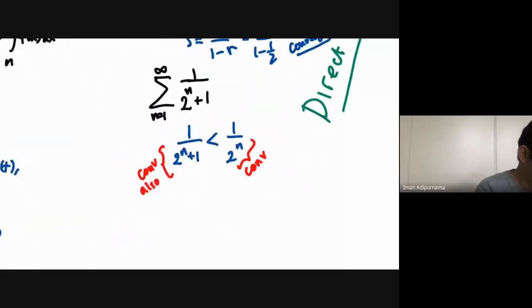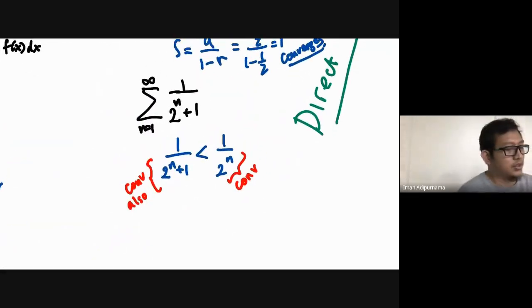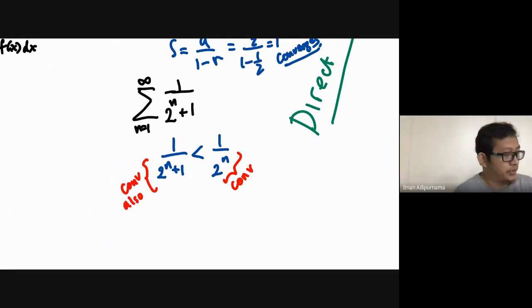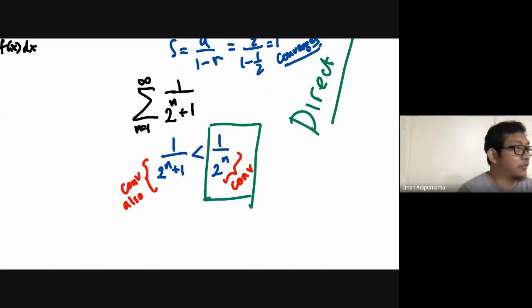Whenever you find a converged series, like the right part here, and the series is less than the right part, the series on the left should also be converged.